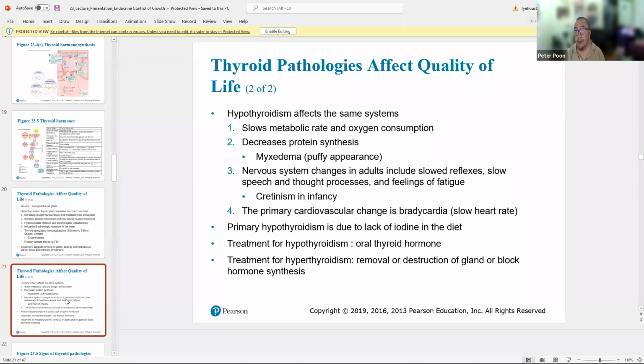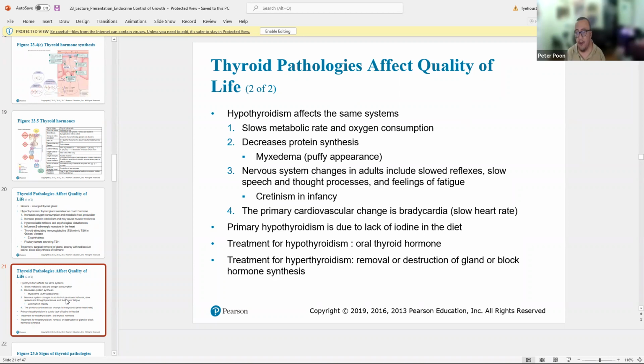So there's a couple of ways you can get hypothyroidism. Primary hypothyroidism is due to lack of iodine. Again, iodine is necessary for thyroid hormone function. They add iodine to salt traditionally.